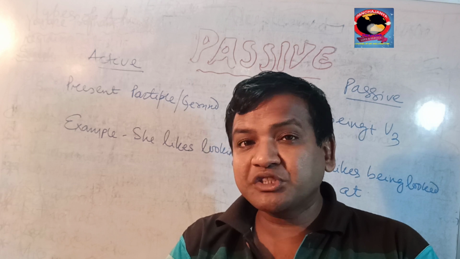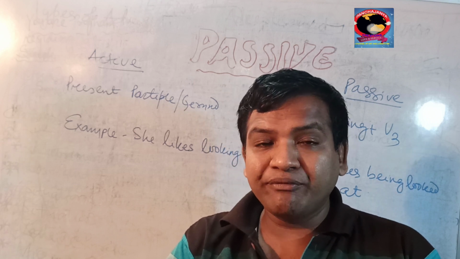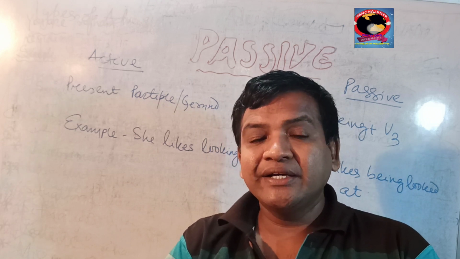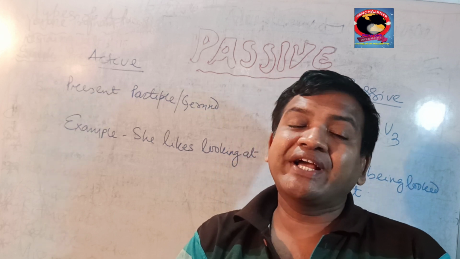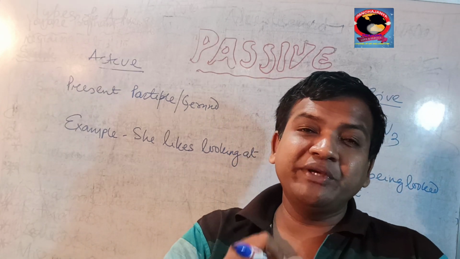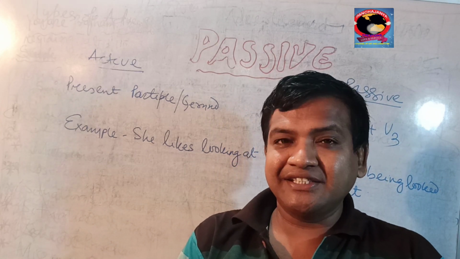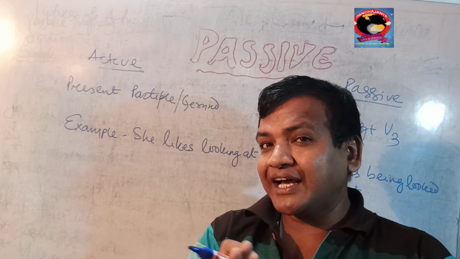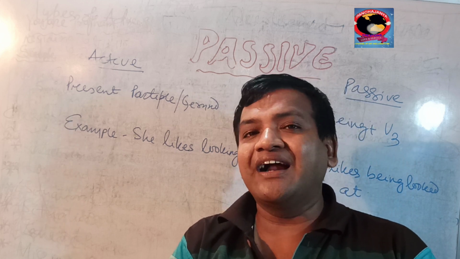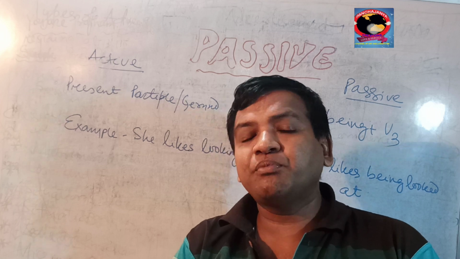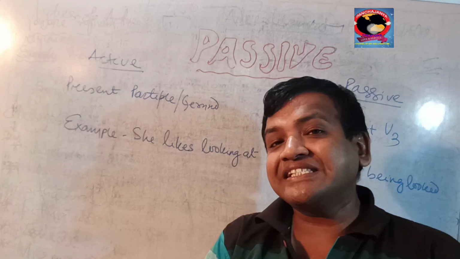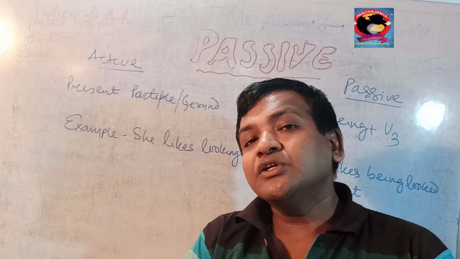Smiling is good, laughing is a good exercise, walking is a good exercise, swimming is a very good exercise. So these are called gerund. The ing form of a verb has been used as noun, so that one is called gerund.